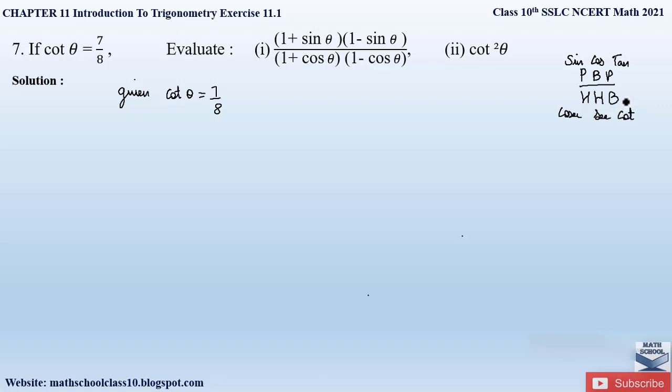So the trigonometric ratio for cot theta is base by perpendicular, right? So cot theta is equal to base by perpendicular. Equating these two equations, we get base by perpendicular is equal to 7 by 8.